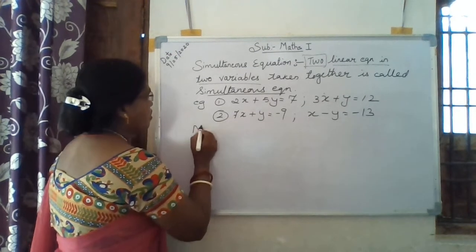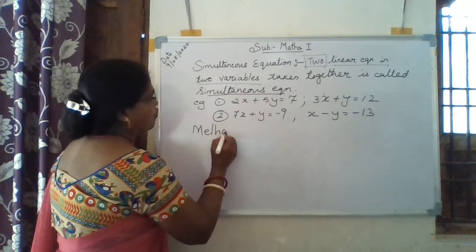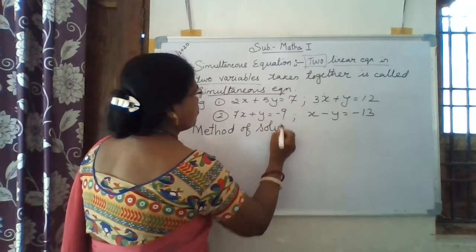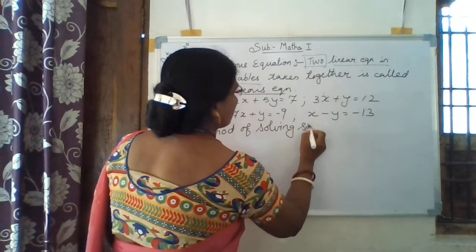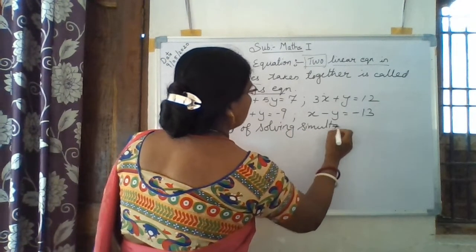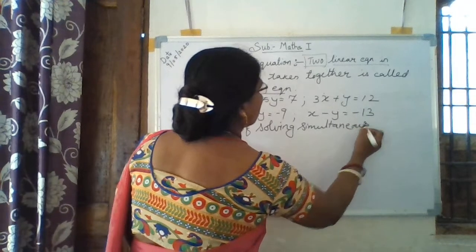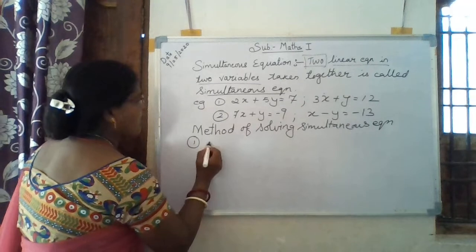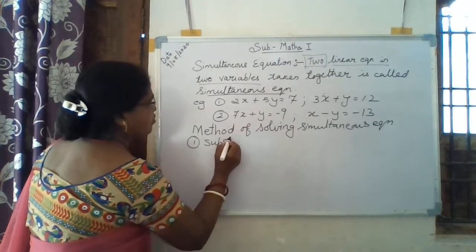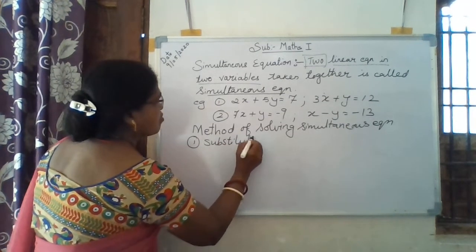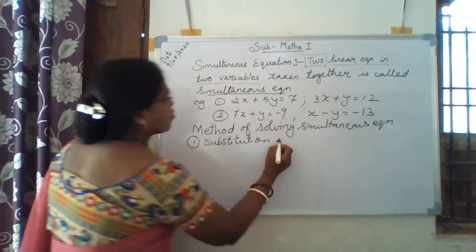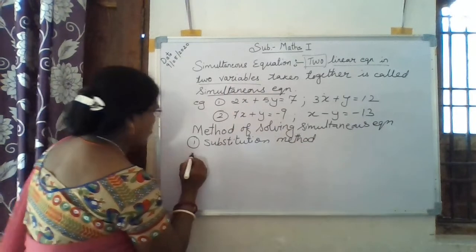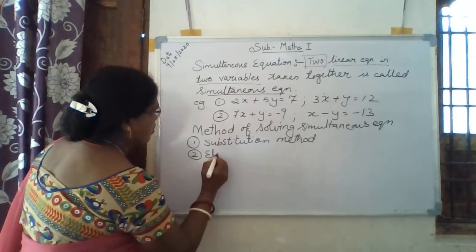So see, listen here. Methods of solving simultaneous equations. First, substitution method. Second, elimination method.